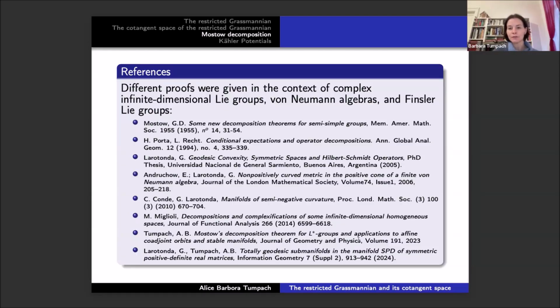I have also a version from a thesis, also published in 2023. And we have a version with Gabriel also in 24. So different versions of the theorem, either for infinite dimensional Lie groups or for non-linear algebra or Finsler Lie groups.